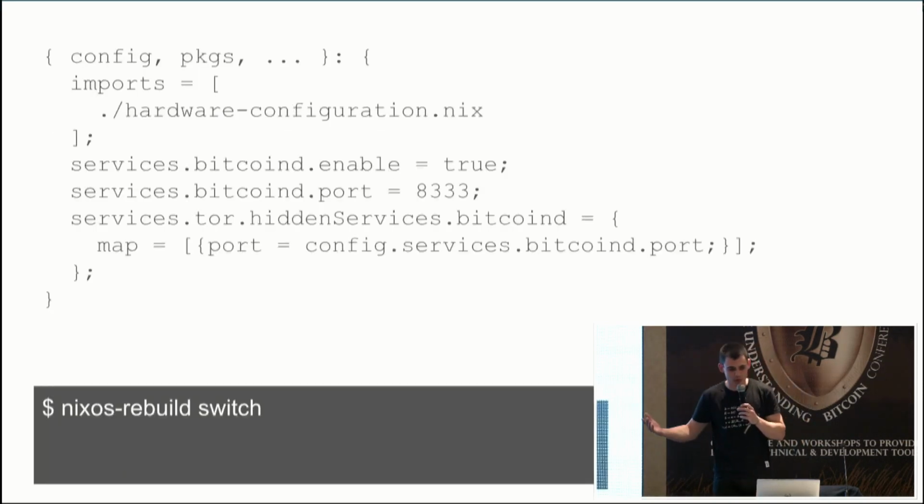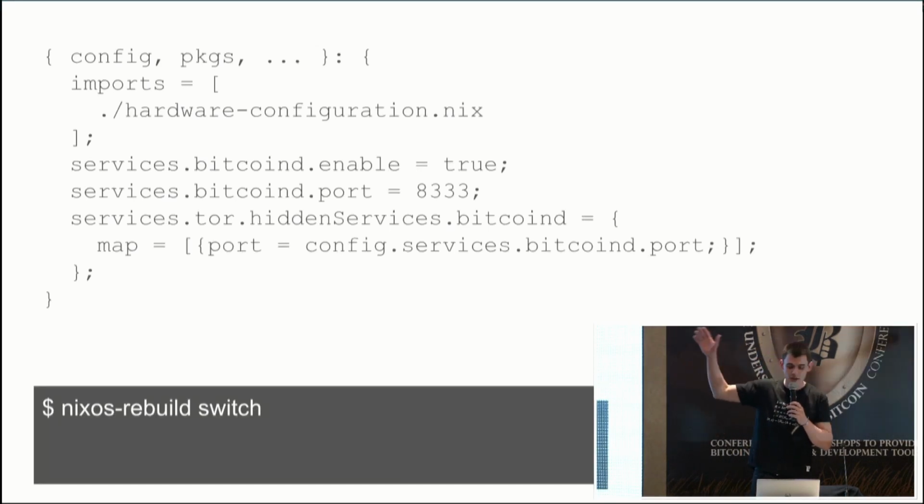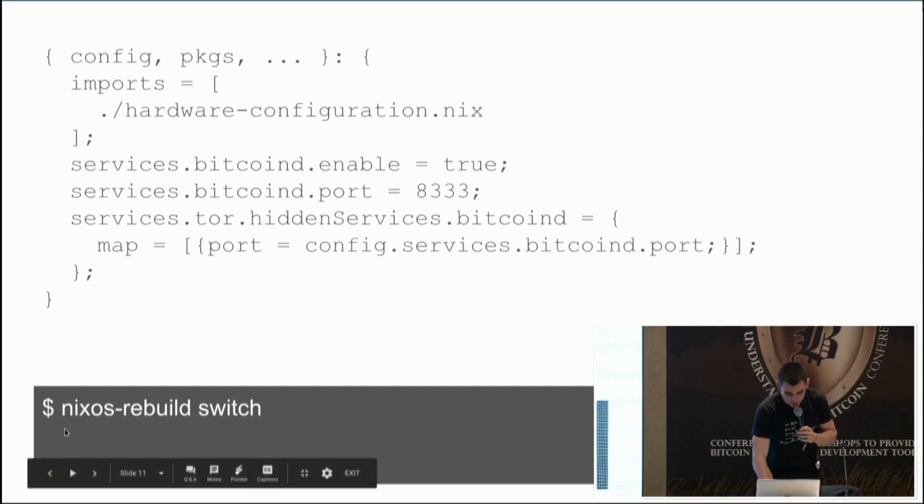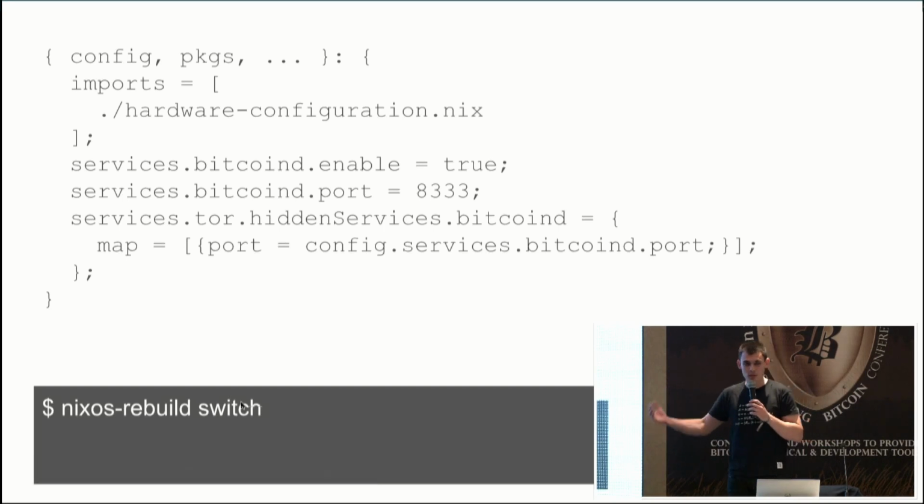This is an example configuration.nix. Again, it's a function taking a configuration and packages. It imports a hardware configuration that's usually auto-generated by NixOS. And then you can simply say services.bitcoind.enable = true. And once you run the nixos-rebuild switch command, it will actually enable a systemd service that runs Bitcoin-D.